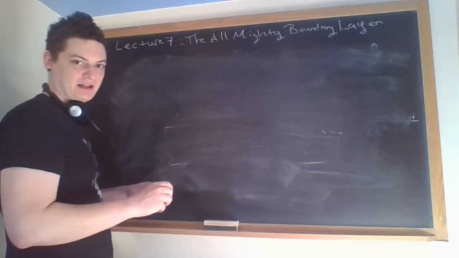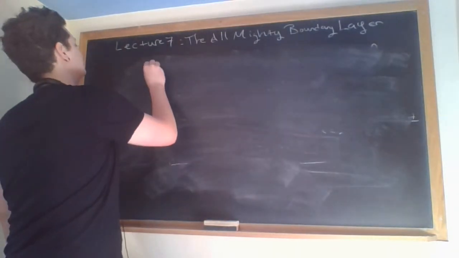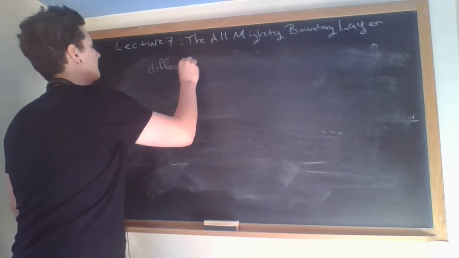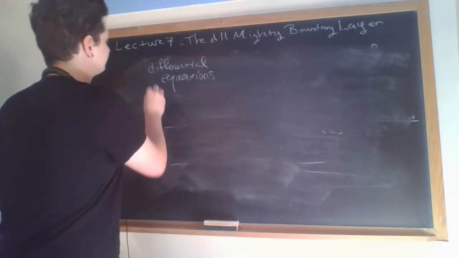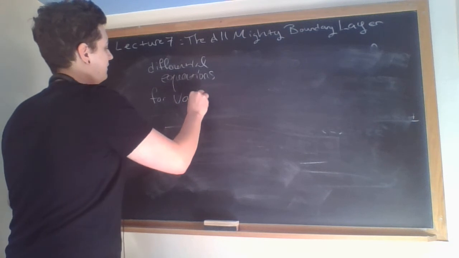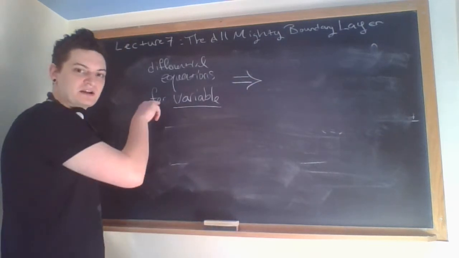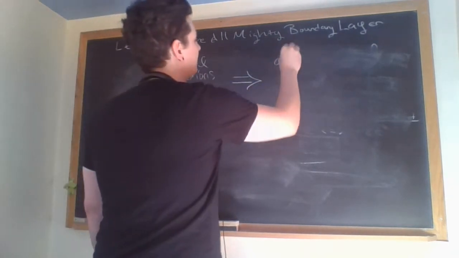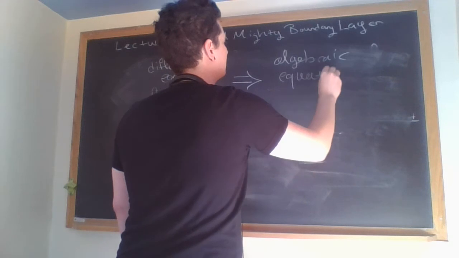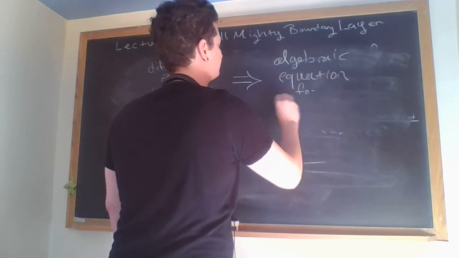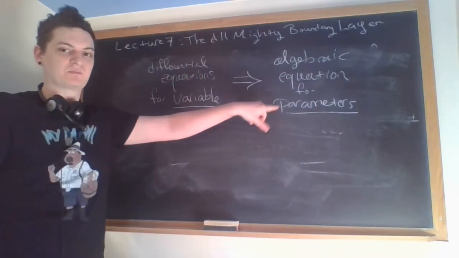The whole point of non-dimensionalizing your variables and then trying to see what terms matter, we haven't even done that yet, but the idea is you turn the differential equation in terms of variables into an algebraic equation for the parameters.